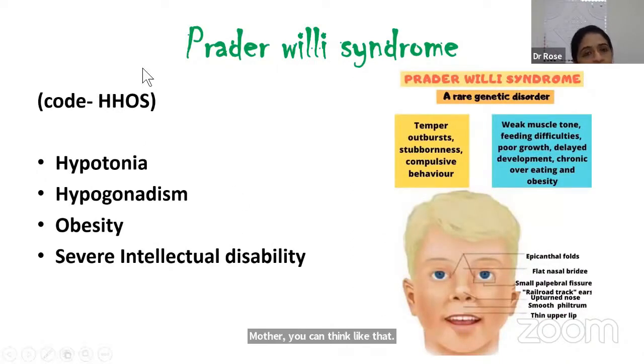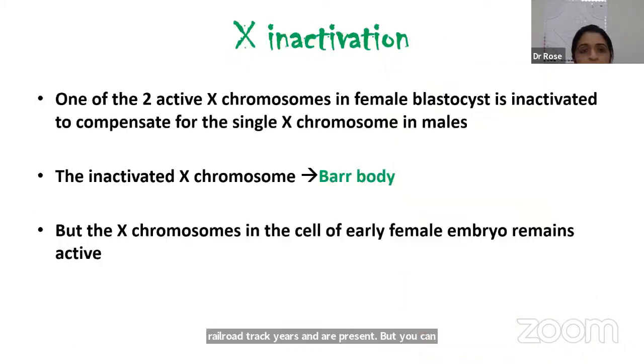Prader-Willi, the code is HHOS, which includes hypotonia, hypogonadism, obesity, and severe intellectual disability. So severe intellectual disability in the form of temper outbursts, then compulsive behavior and all. Then you can see weak muscle tone, hypotonia, and some other features like railroad track ears are present. But you can remember these four important components, and Prader-Willi happens when that chromosome is derived from the father.